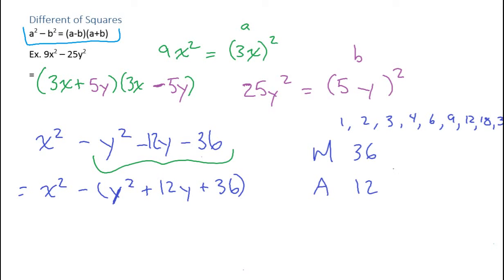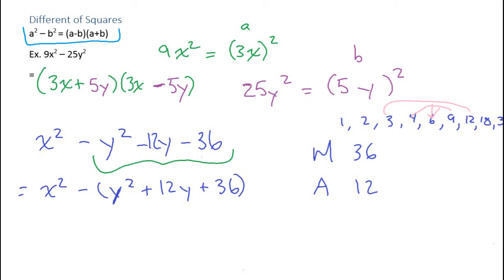If we tried 1 and 36, that's not going to add to 12. 2 and 18 will not add to 12. 3 and 12 adds to 15, not 12. 4 and 9 adds to 13, and then 6 and 6. 6 and 6 multiply to 36 and add to 12.